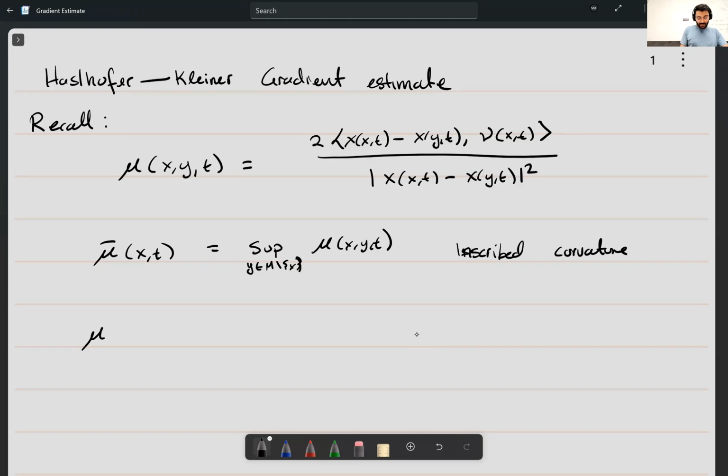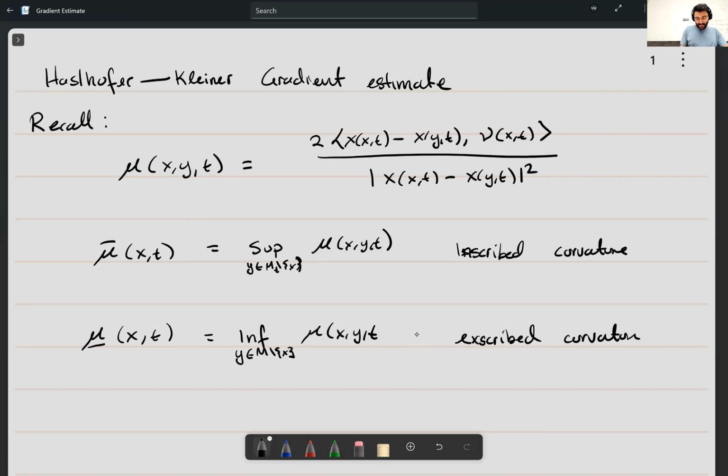And then this one I didn't talk about last time, but this is the exscribed curvature, which is the infimum of the same quantity over points y not equal to x on M. That's the exscribed curvature.